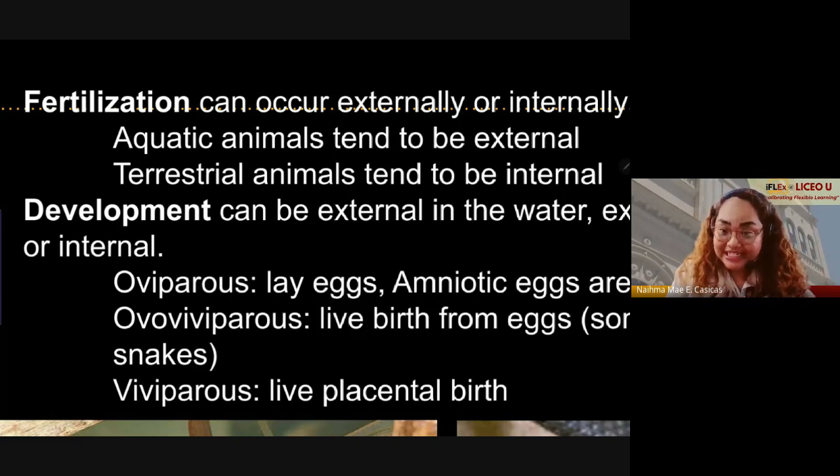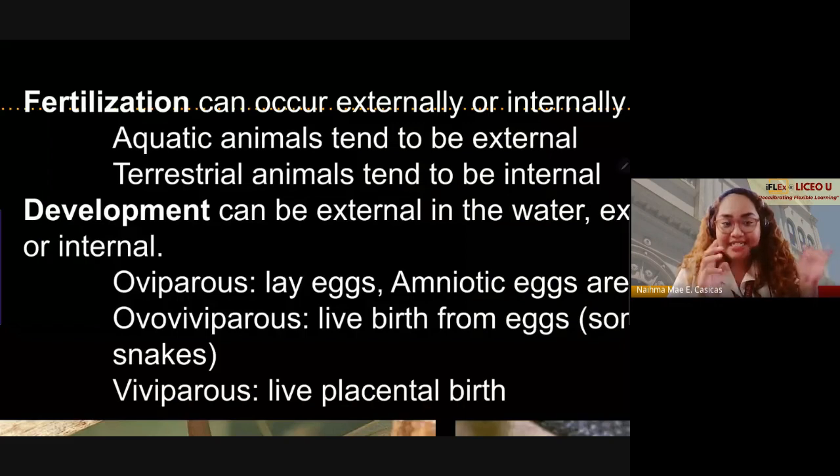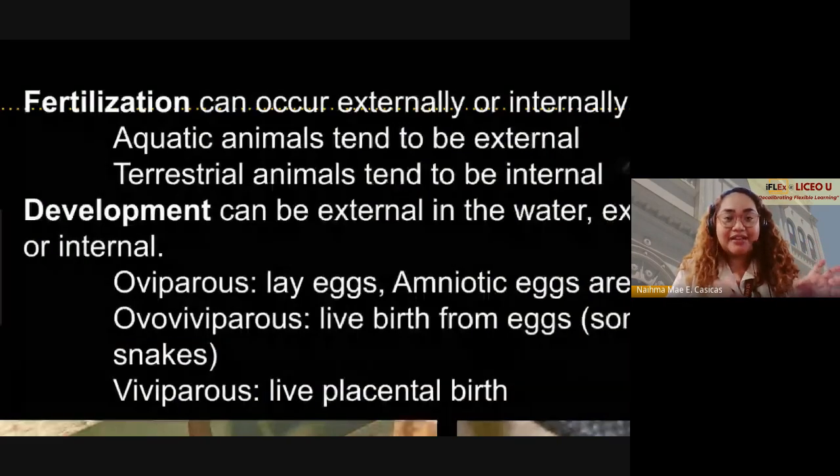In our case, as human beings, the males have penises, right? So the way that we fertilize is internally, because the penis has to get inside the female vagina. That is internal fertilization. The sperm is released there and then the sperm will meet the egg, inside the body of the female human being.